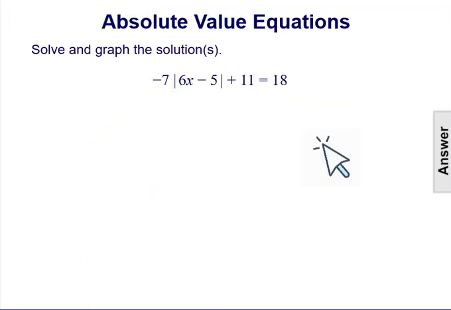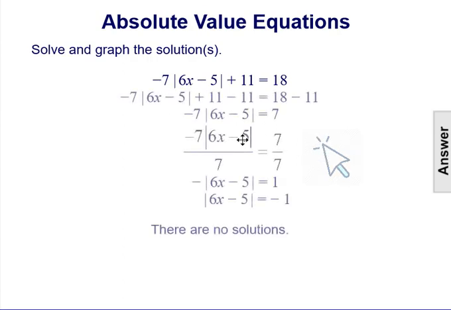Here's another example. We have negative 7 times the absolute value of 6x minus 5 plus 11 equals 18. So again, we have to first isolate the absolute value, and then we have 2 strategies. So if we subtract 11 from both sides, we'll have negative 7 times the absolute value of 6x minus 5 equals 7.